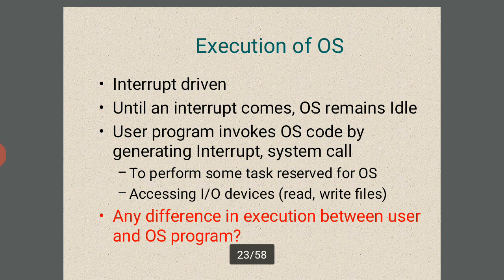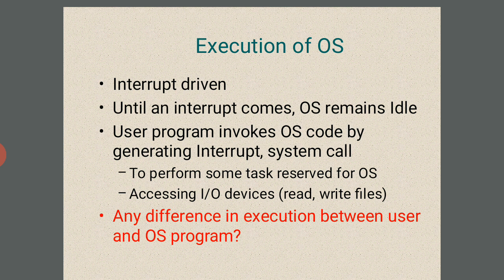Interrupt driven: until an interrupt comes, the operating system remains idle, and a user program invokes operating system code by generating interrupt system calls. So what is code? The code is the operating system code. The operating system is installed on the hardware.